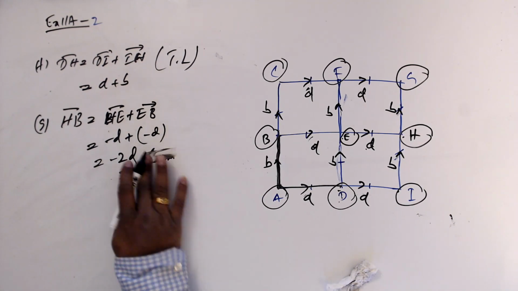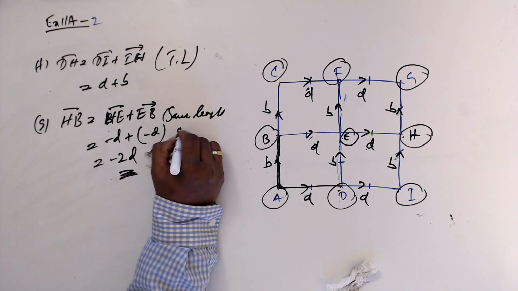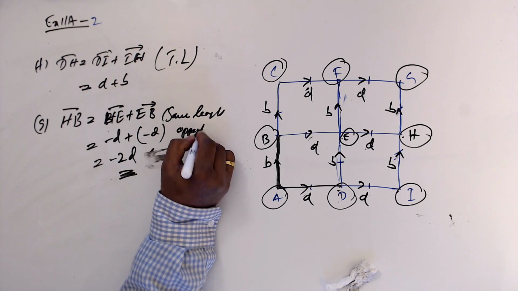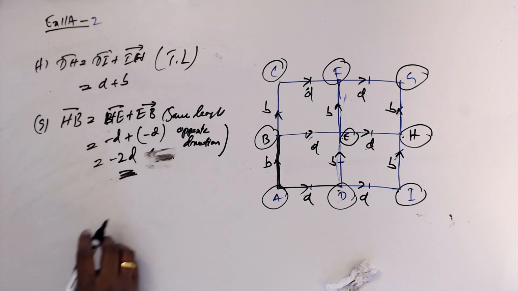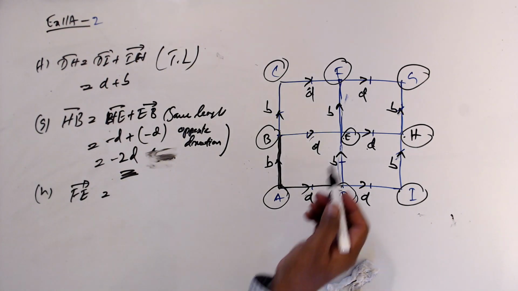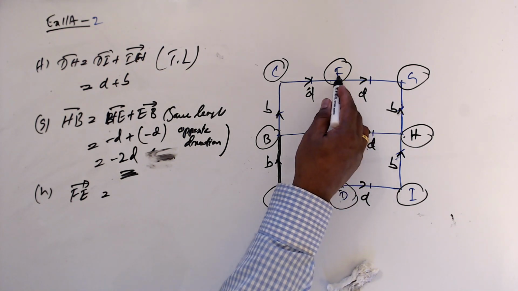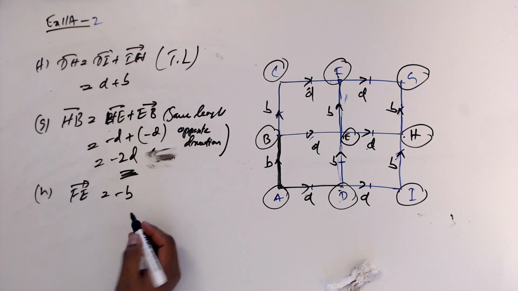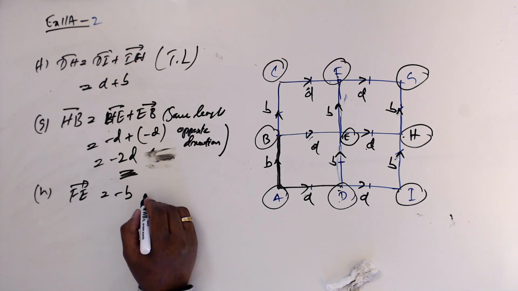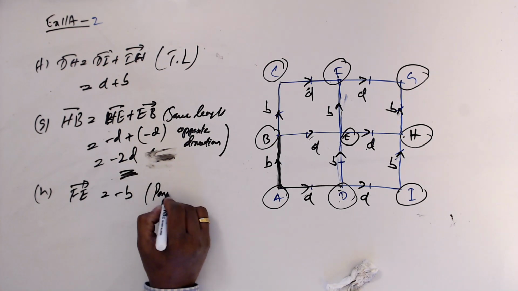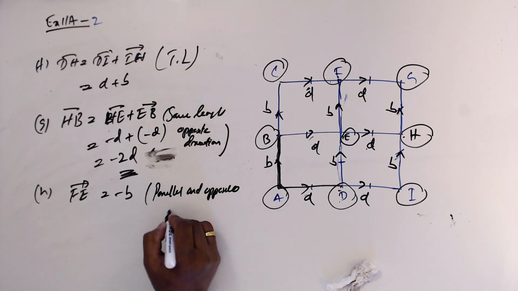So you can tell same length, opposite direction. So you can see FE is B, EF is B, FA has to be minus B. So parallel and opposite direction.